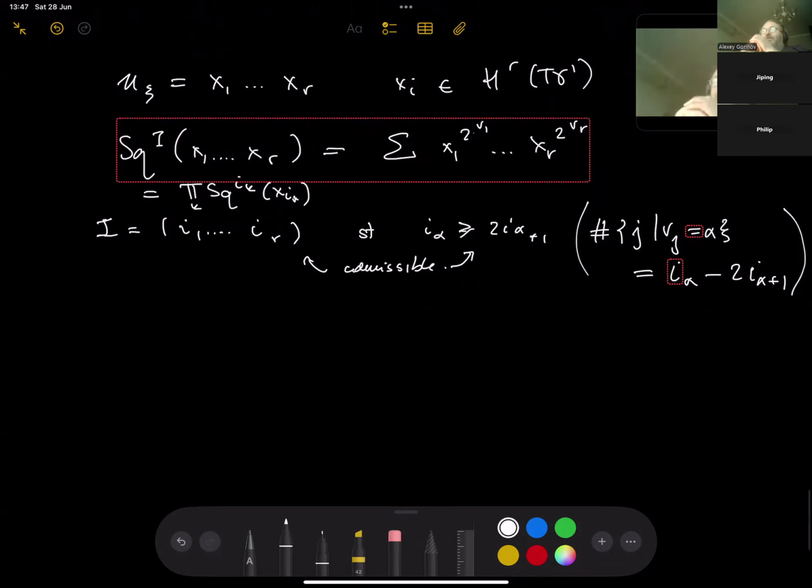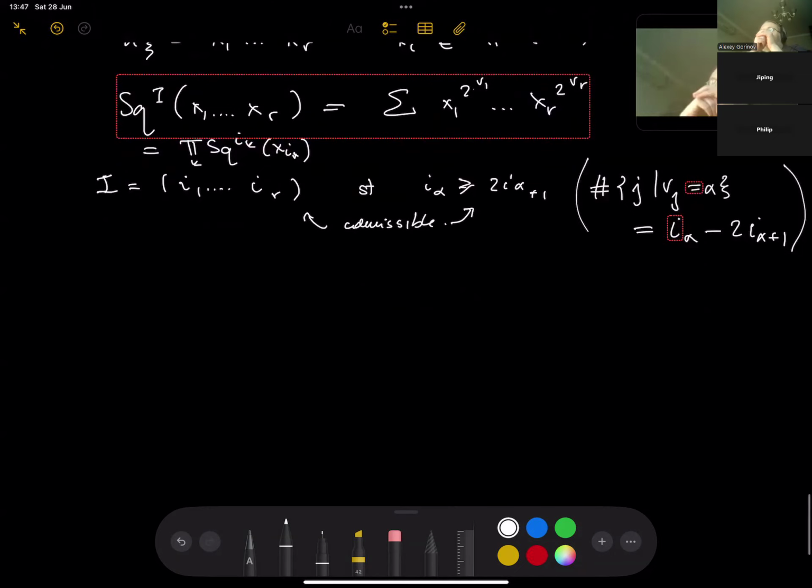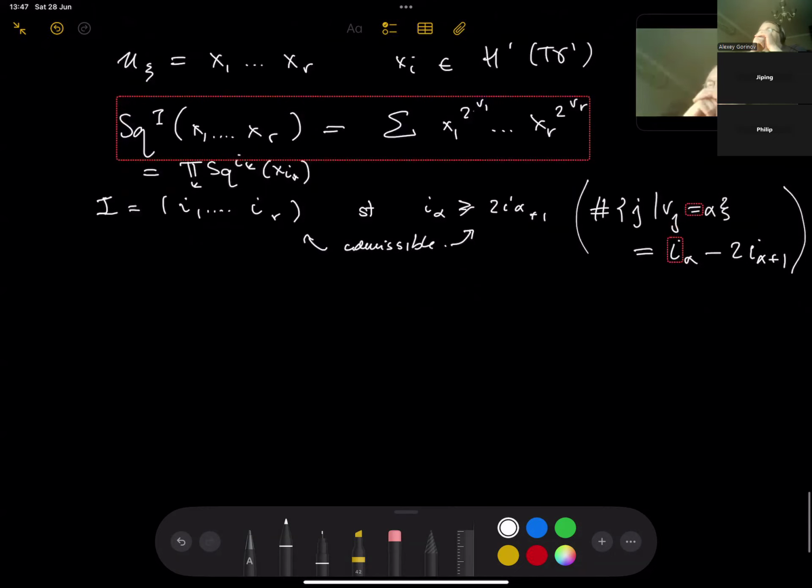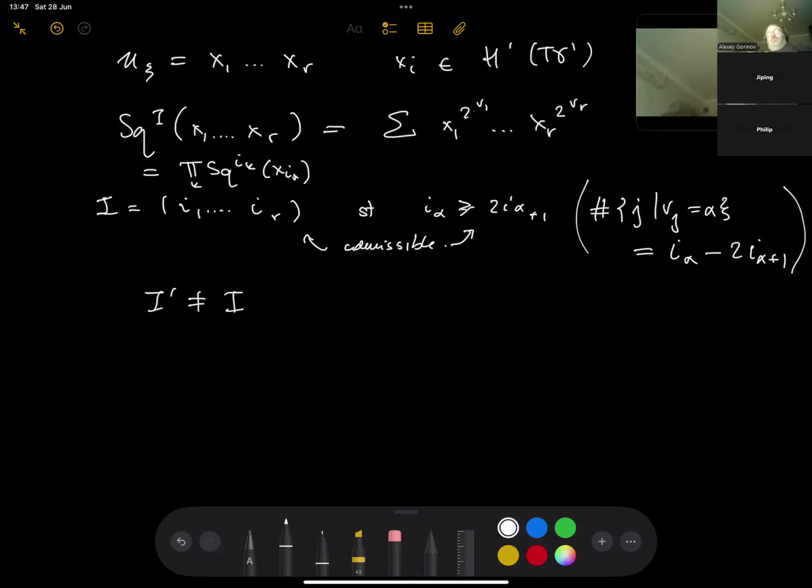Okay, so the numbers v_i determine exactly the image of this product of x_i's. If we chose I prime not equal to I, the indices v_i would be different.